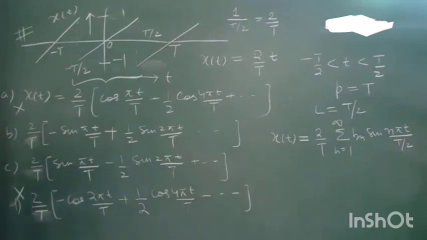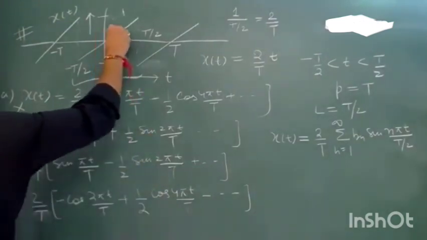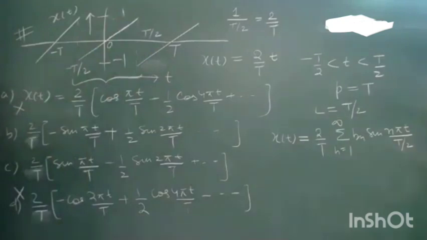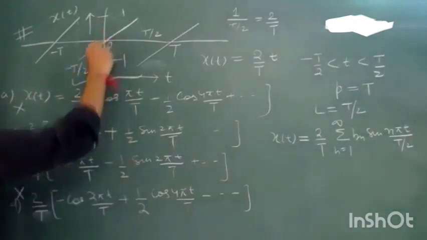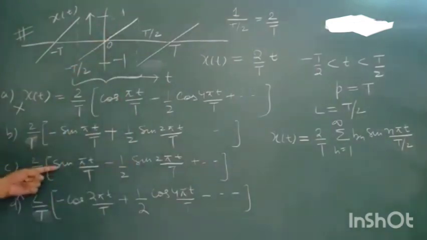And one thing we can also see from this value and this value, please see this. If I take a value little greater than 0, somewhere here, should this value come negative or positive?